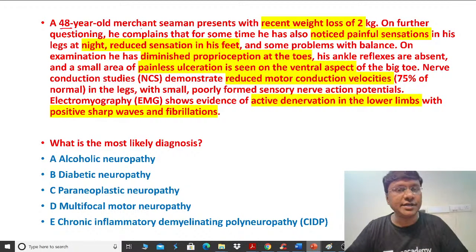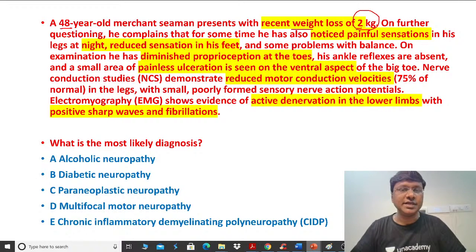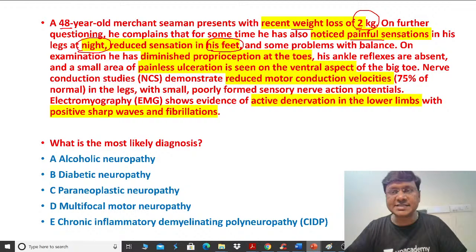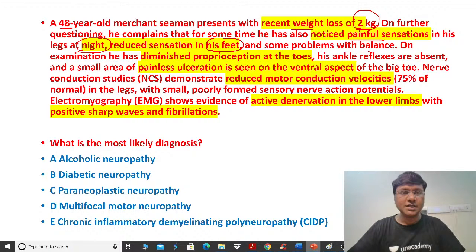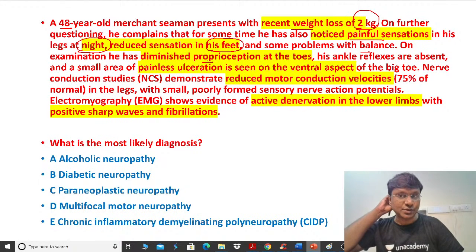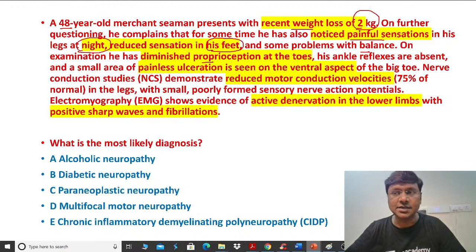We have a 48-year-old merchant seaman who presents with recent weight loss of 2 kg. On further questioning, he complains that for some time he also noticed painful sensation in the legs at night, reduced sensation in his feet, and some problem with balance. On examination, he has diminished proprioception at the toes. His ankle reflexes are absent.